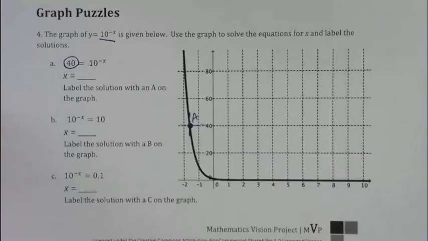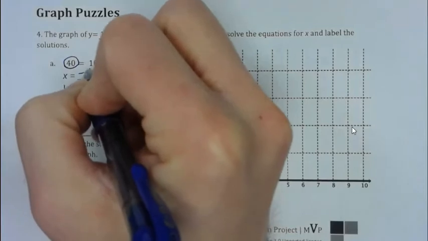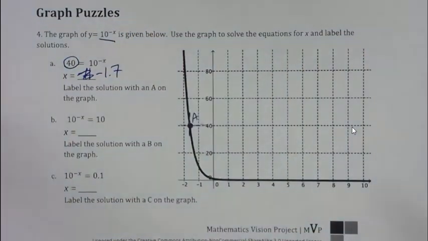A little hard to tell on the graph that we have in front of us, but we can make that assumption that we have that approximately right. So maybe negative 1.8, negative 1.6, somewhere around that region would be close enough, I think. So we'll say maybe negative 1.7 for x.